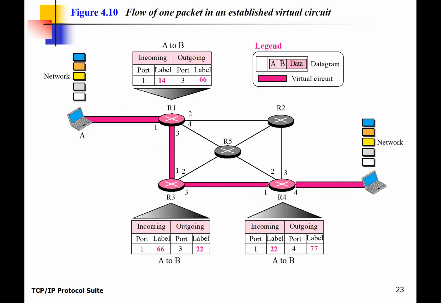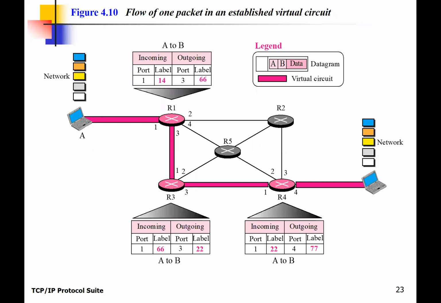So that's how we are now sending data. I'm sending the source and destination, A and B. I will keep them. However, for now, I'm using the label. The label is telling me which path I have to go. So I'm sending bucket 1. I will know I have to go through interface 3, and then I will create a new bucket with label 66.